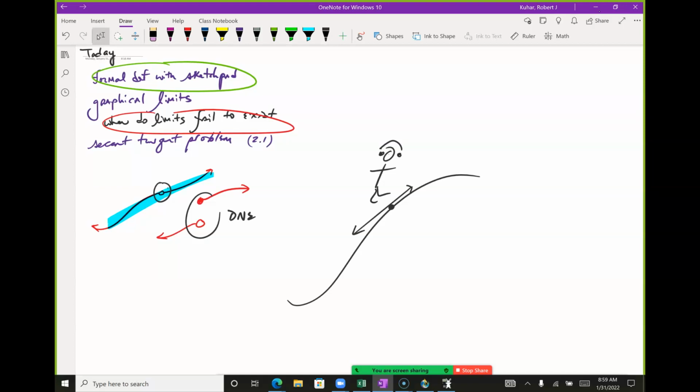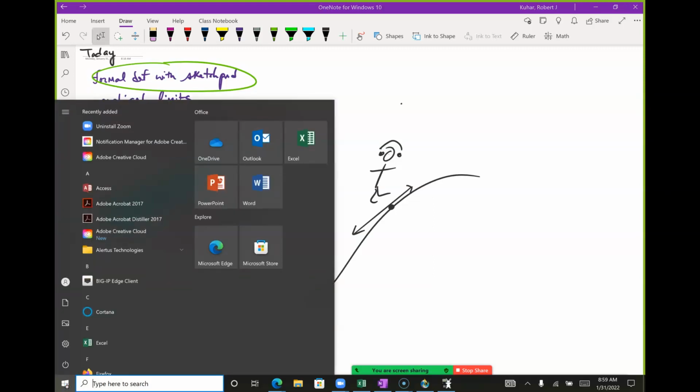All right, let's look at a couple of graphical limits exactly to this point that we just talked about, this continuity point.